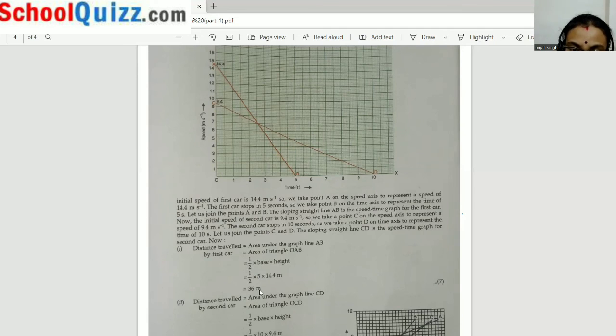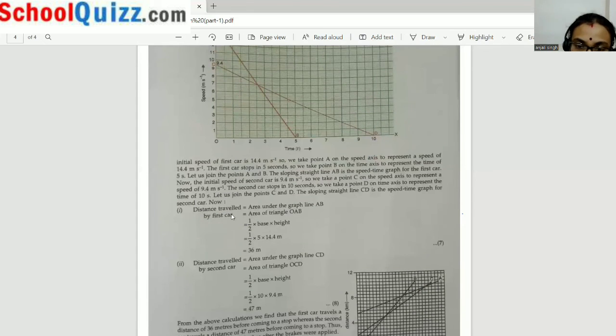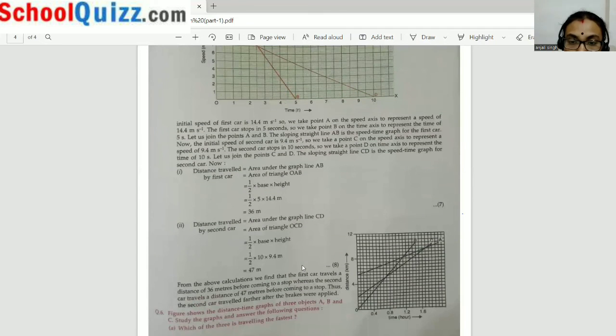So the total distance is 36 meter. In case of this, the base will be 10. Height will be 9.4, that will be 47 meter. So by the first car, distance travelled is 36 meter, and for the second car, the distance will be 47 meter. First 36 meter, second 47 meter.